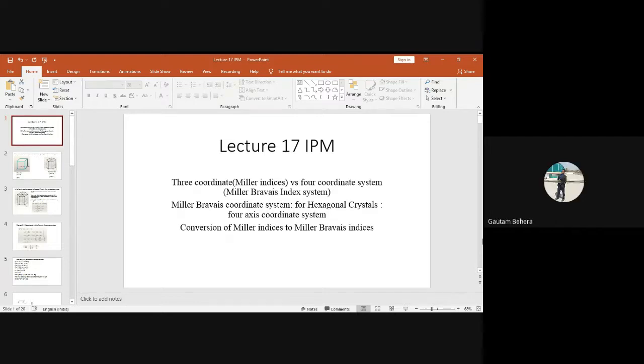So this is lecture number 17 of Introduction to Physical Metallurgy class. If you remember, in the previous lecture, we started a topic that is Miller indices for directions, planes and points.